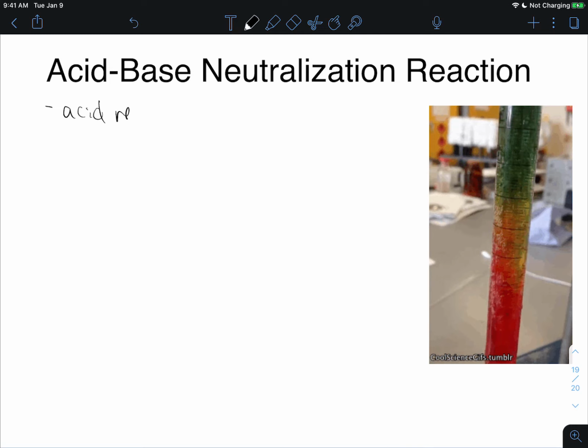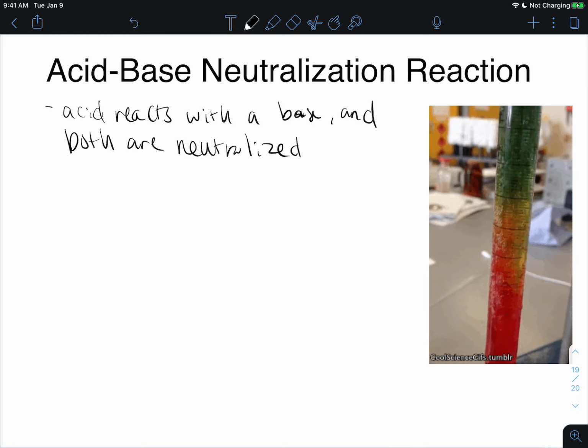Acid reacts with a base, and both are neutralized. So it forms a salt, which is a product of an acid-base neutralization reaction. That's how it's defined. And water.